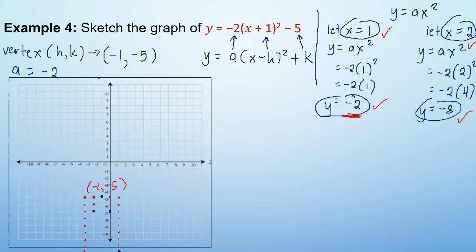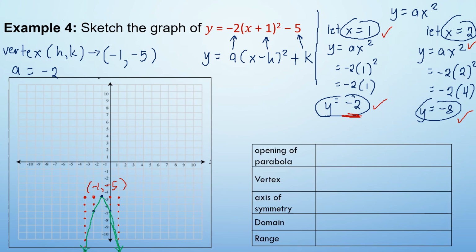So this will be the next point of the parabola. Next, let us now connect the points by a smooth curve. So this is now the graph of the quadratic function.